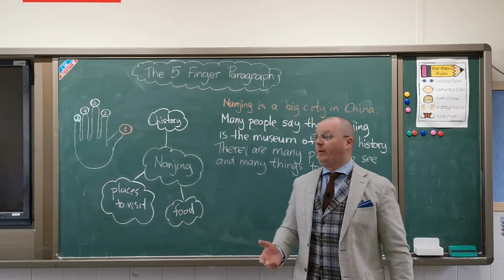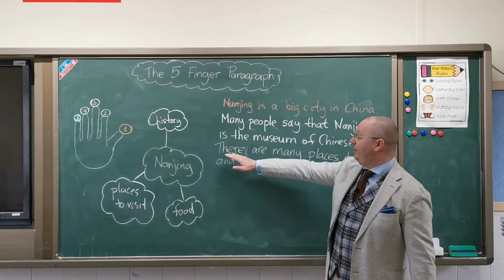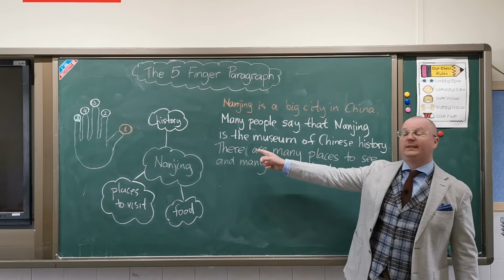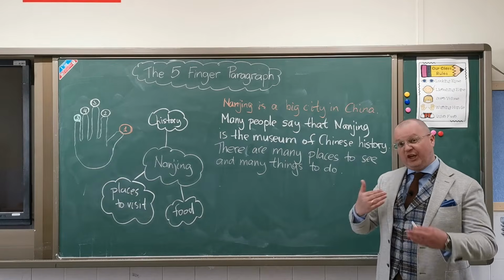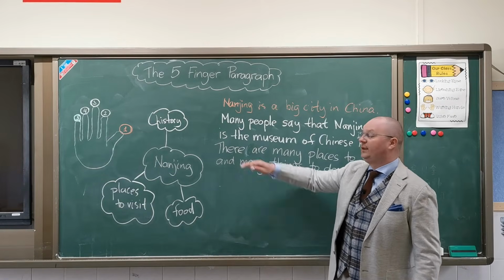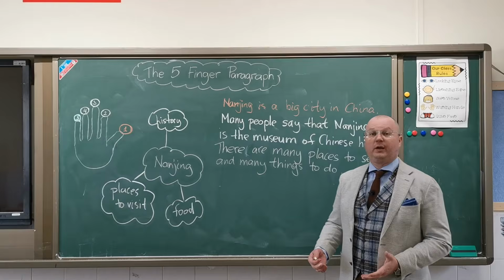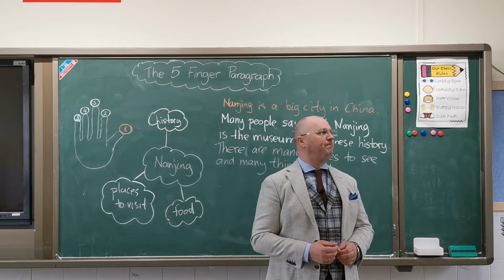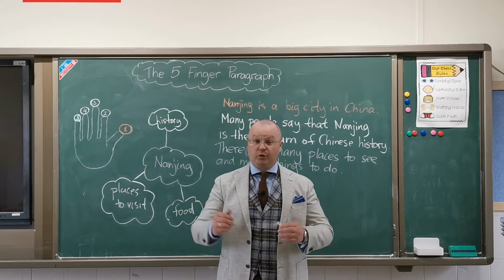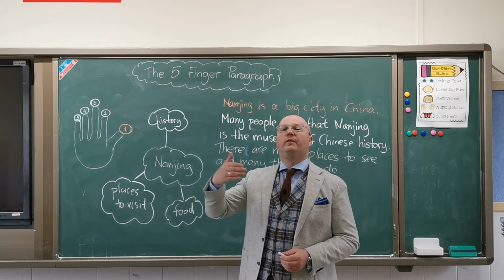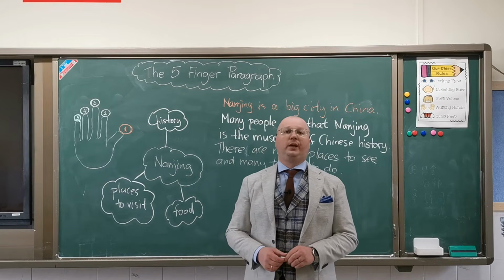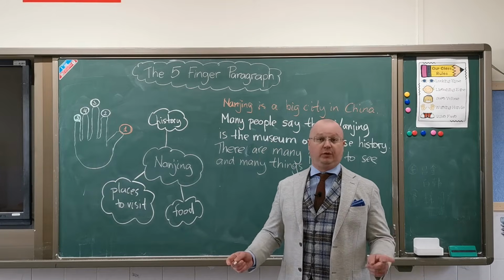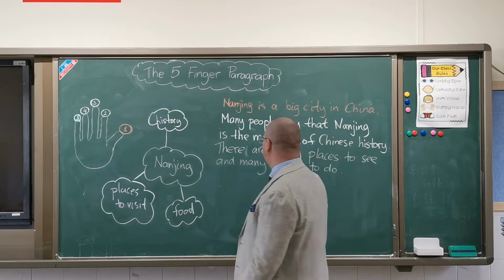Of course, we can say there are many restaurants in the city, but we don't want to use the same structure. Let's change it a little bit so we're not using the same grammatical structure in our paragraph. So talking about food, we can say, if you're hungry, go to one of the many restaurants where you can try a lot of delicious food. That's a good one. Let's write it down.